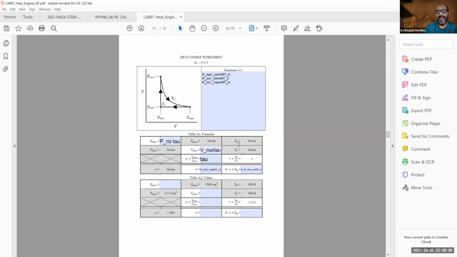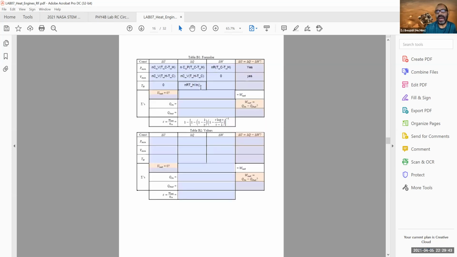If you look at this expression, Vmax over Vmin is tau. So the ratio is going to be ln of tau. And this is the same thing. It's going to be nR T underscore H times ln of tau. Is it true that this number minus this number is going to be 0? And the answer is obviously yes.